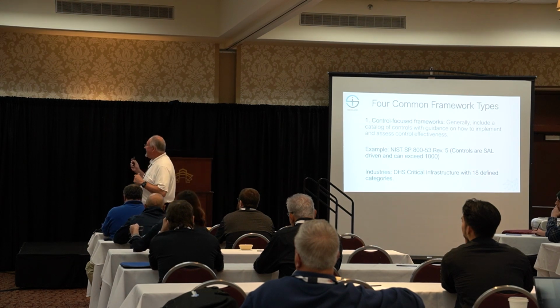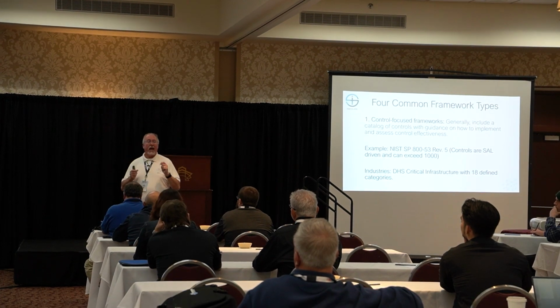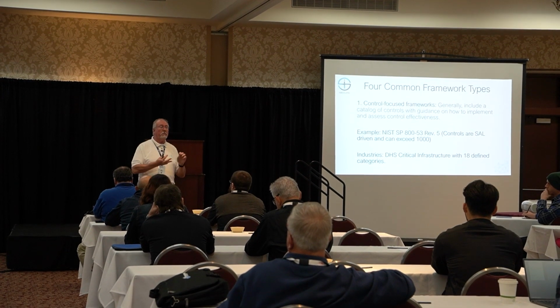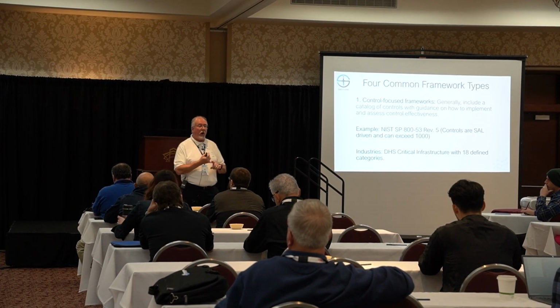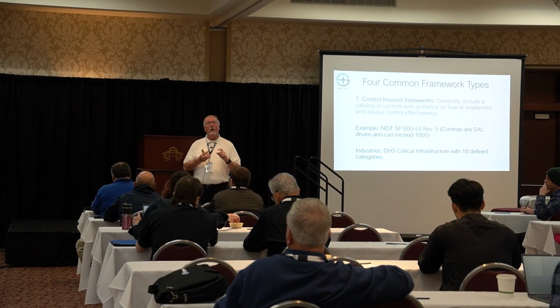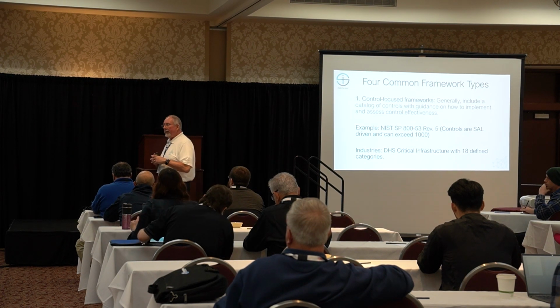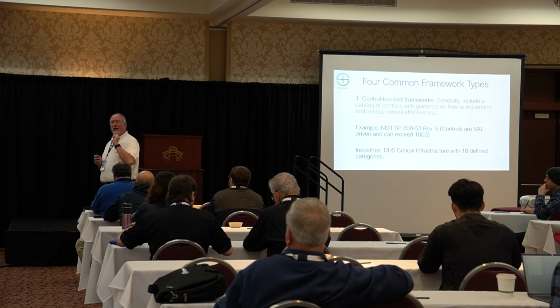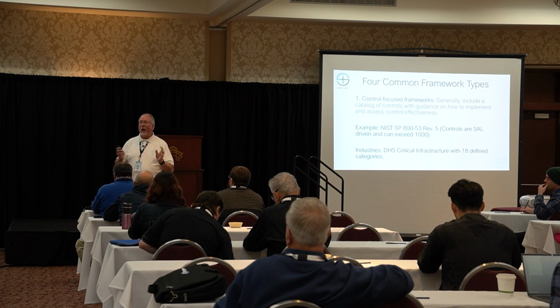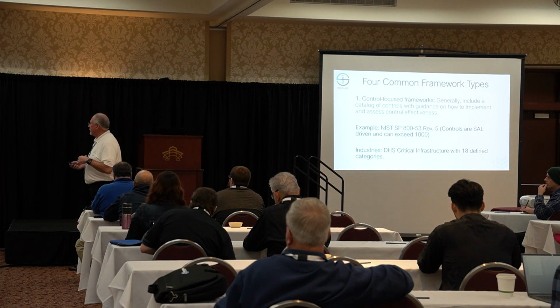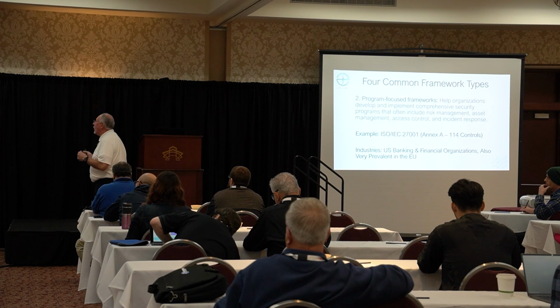DHS has 18 defined categories, so that could be anywhere from nuclear power plants to financial to healthcare to industrial. It runs the gamut. So there's probably a category that you will fit into if you want to utilize this type of approach. The second is going to be program-based.